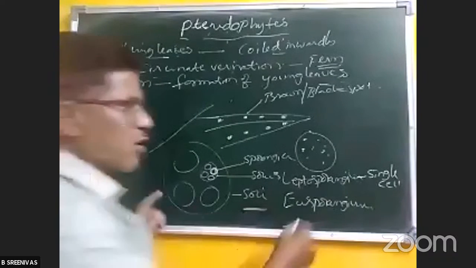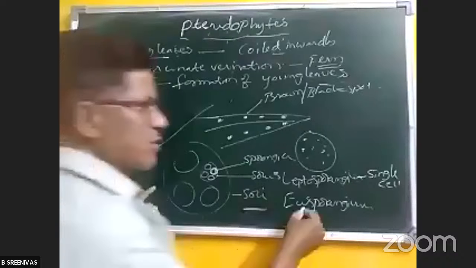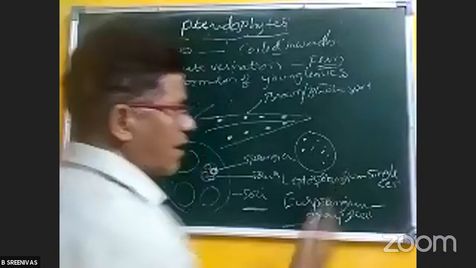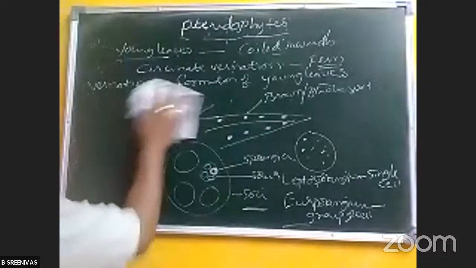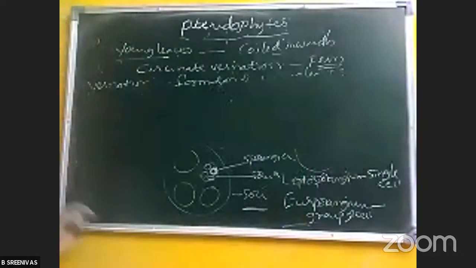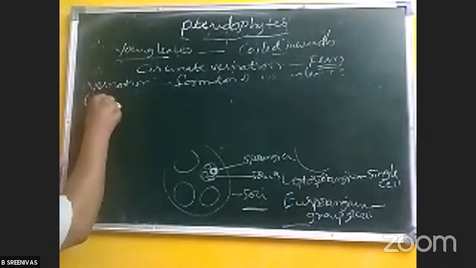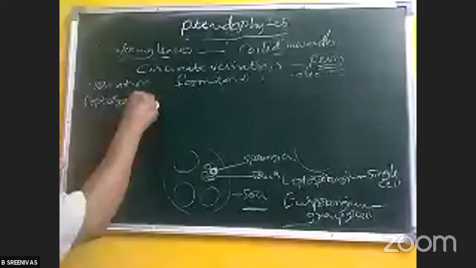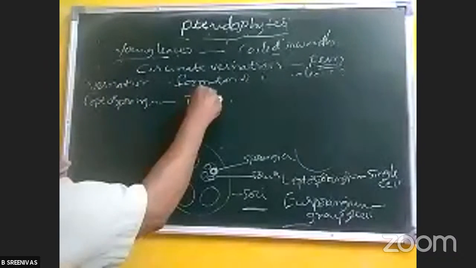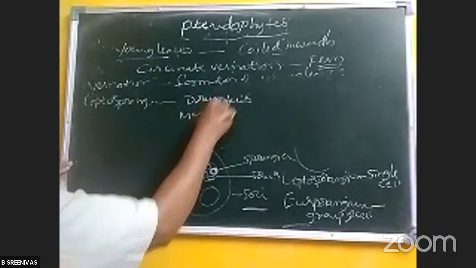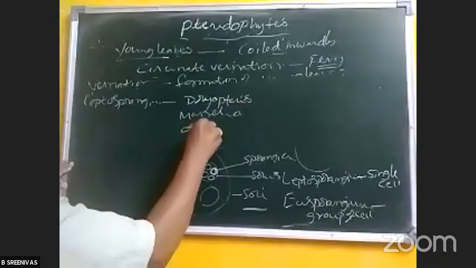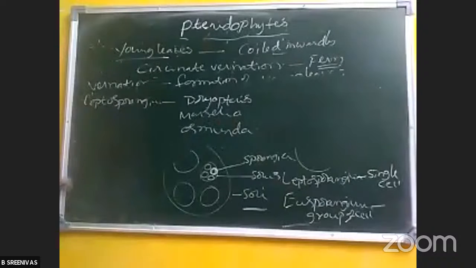And development of a sporangium from a group of cells is called eusporangium. Examples for leptosporangium: Dryopteris, Marsilea, Osmunda, and Salvinia. Right, examples for leptosporangiate.